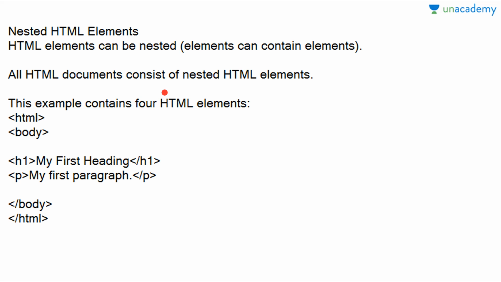Let's see with this small example. This example consists of 4 HTML elements. Let's see how. The HTML tag is used to start the document. After that we use the body tag. Inside the body we write the main content. We use the h1 tag, my first heading, forward slash h1 means this tag is closed.